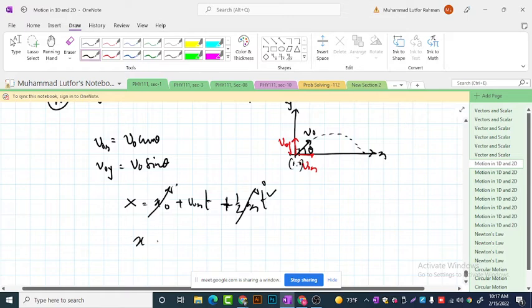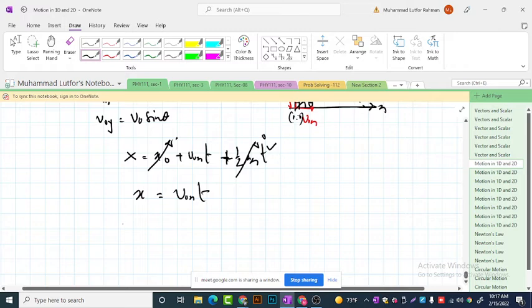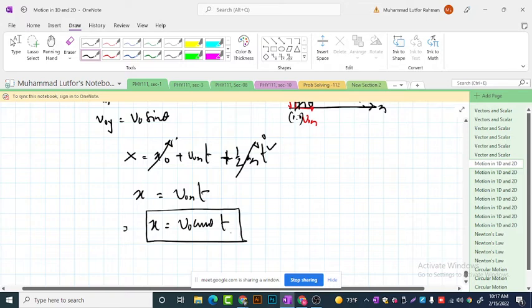Then x would be v naught x into t, and this t is the total time of flight. Then I can write x equals v naught cos theta into t. So that is the equation of motion in the horizontal direction in the case of projectile motion or two-dimensional motion.